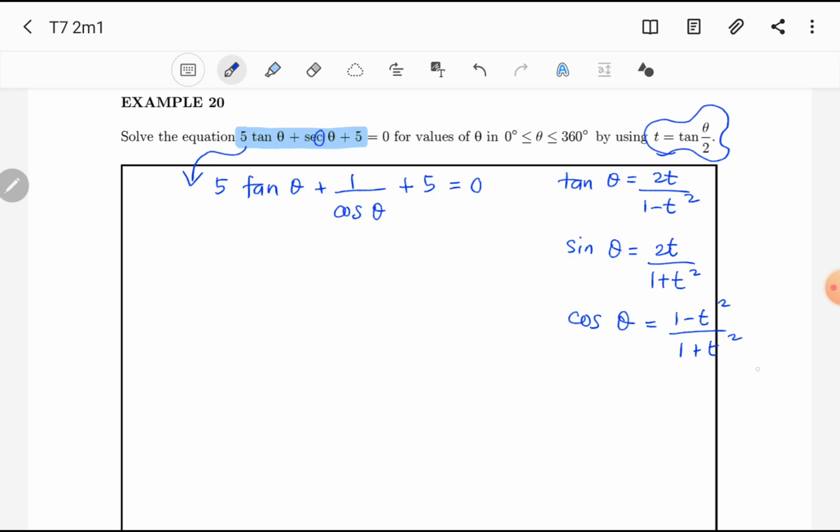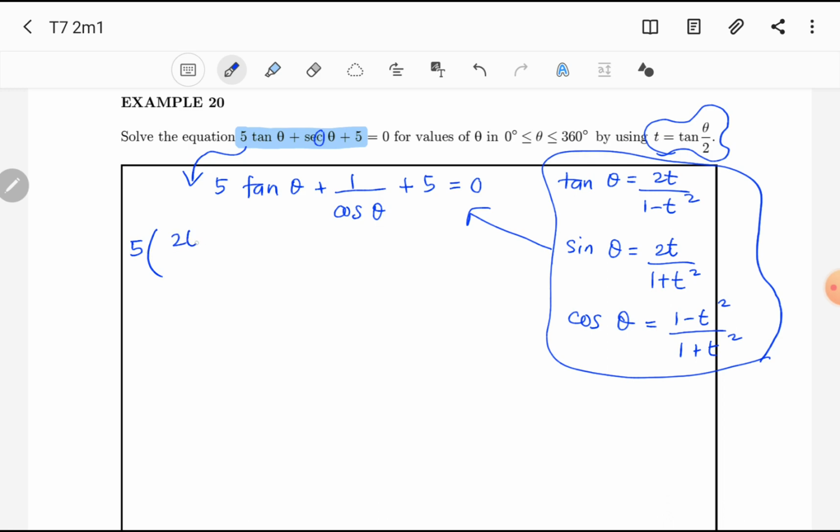Ini yang saya minta awak hafal. So kita akan masukkan into the equation: 5 times 2t over 1 minus t squared plus 1 plus t squared over 1 minus t squared plus 5 equals 0.